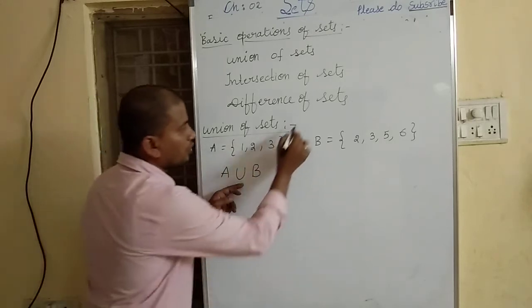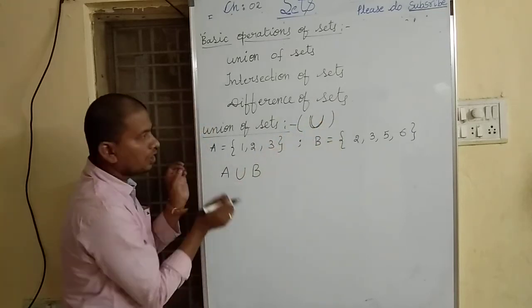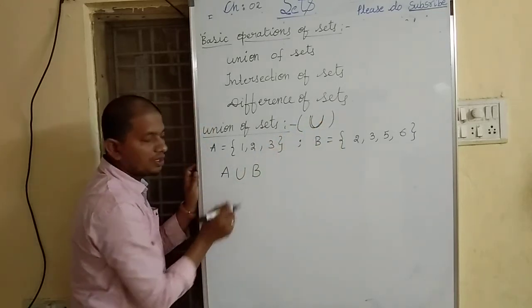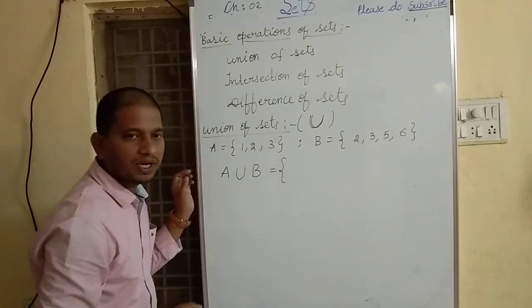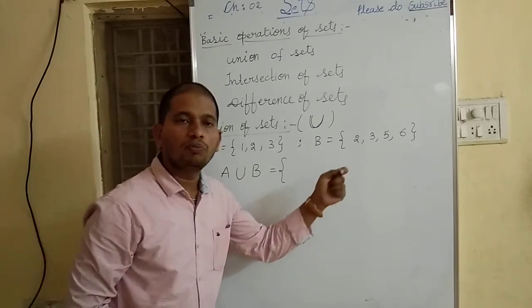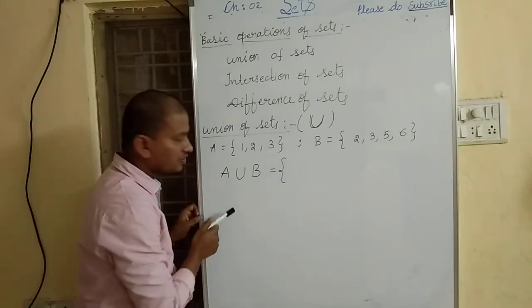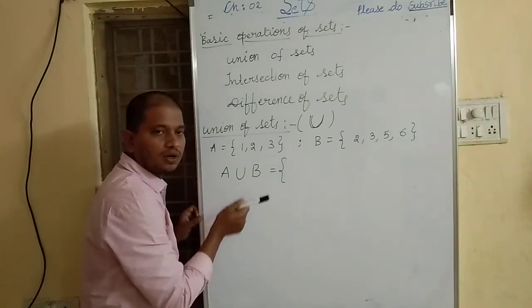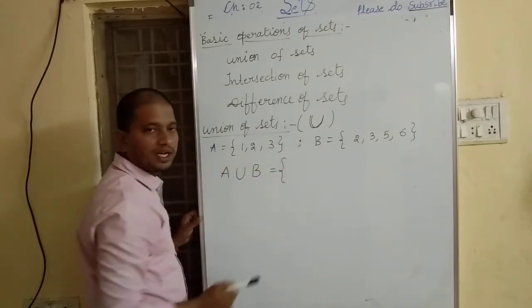This is the symbol for union. What do you mean by union of set A union B? Union of set A union B is nothing but all the elements of both set A and set B.